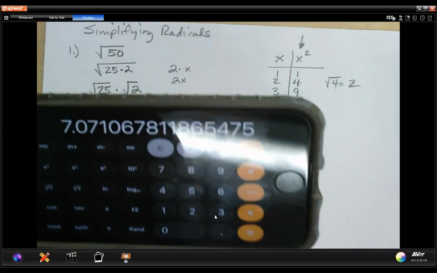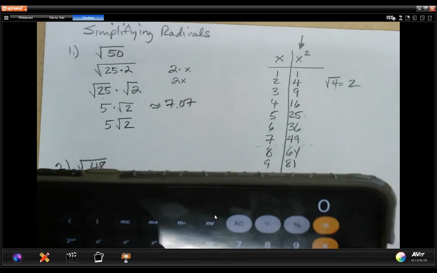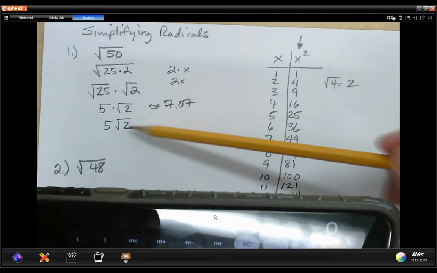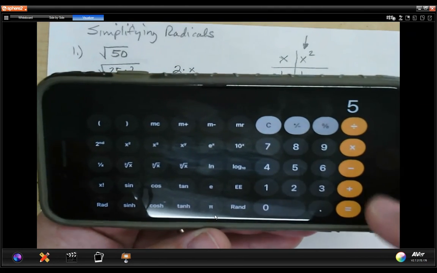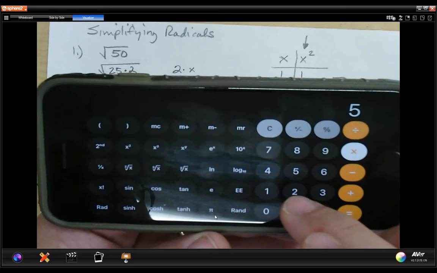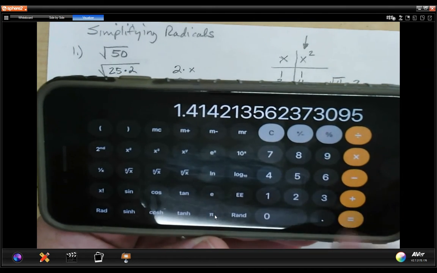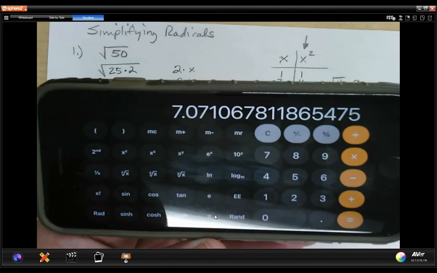Now watch what happens when I take that same thing and do 5 radical 2. Remember, this was the other answer that we got right here, 5 radical 2. So I'm going to put that same thing in the calculator. 5 times radical 2 equals, look what happens, 7.07, exactly the same number.